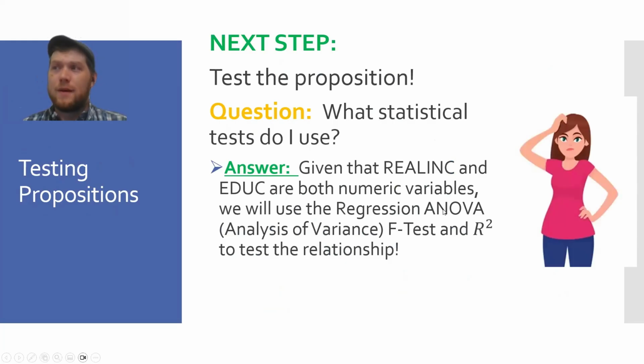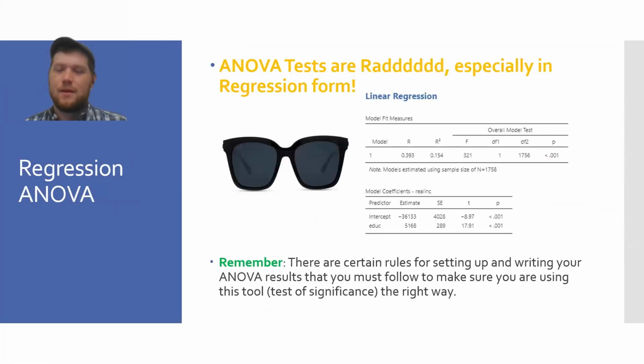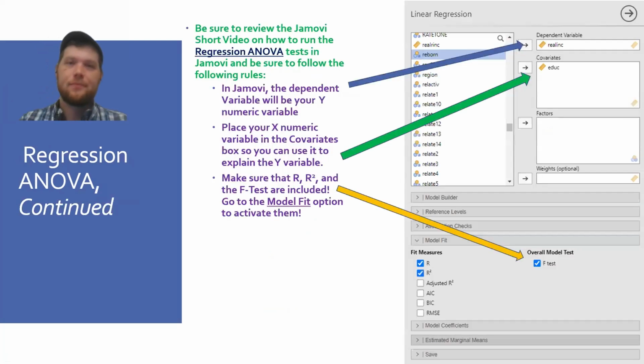Now, given they're both numerical variables, we can use the regression ANOVA F-test and use R squared to test our relationship. In a regression form, there are certain rules in writing these things up, but it gives us a lot of information. We'll be able to pick it apart and use a whole lot of it when we talk about assessing our data. Make sure to use the Jamovi short video to run these things and see how this all works.